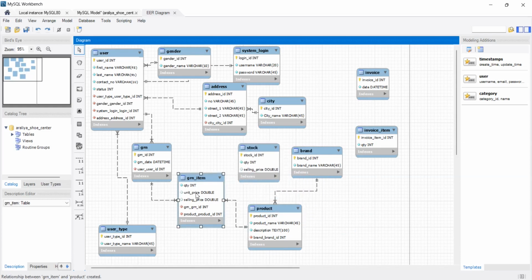So here if we consider a single stock, it contains many GRN items, and many GRN items can be stored in a single stock. So it is also one to many. The many side should be GRN item and single side should be stock.